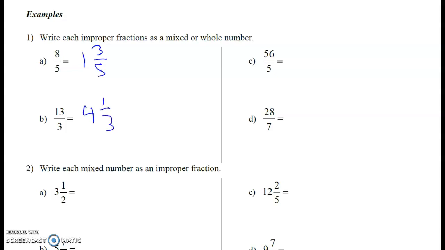You might be thinking, how did I get the third? Well, if I do 3 times 4, I get 12, and I had 13 on the numerator. So those 12 all fit into the 4, and then I've got 1 left to get me up to 13, so 4 1/3.